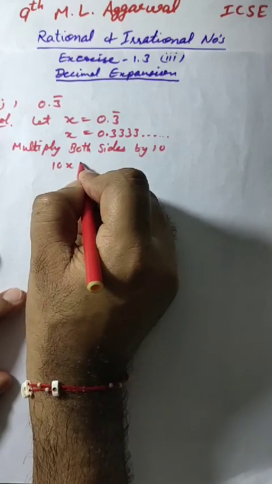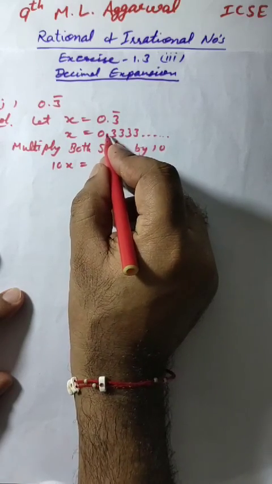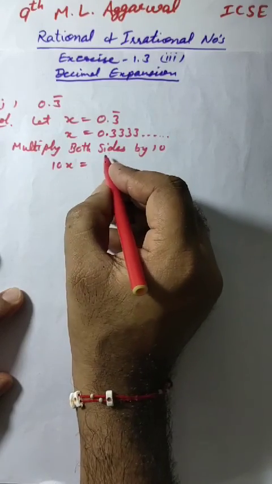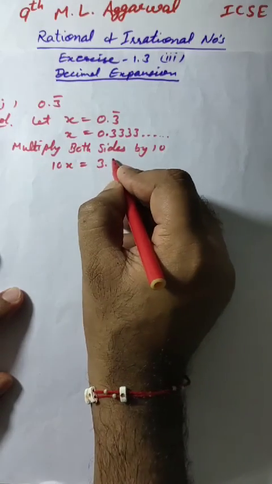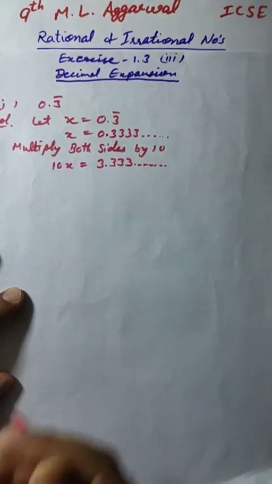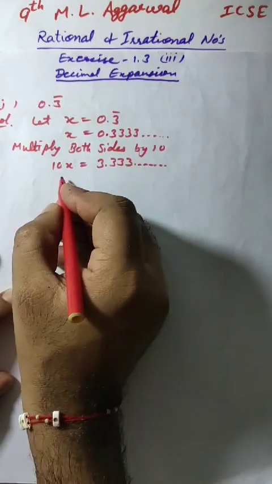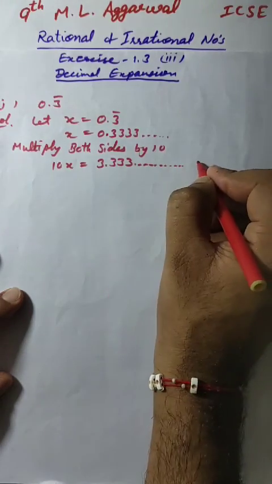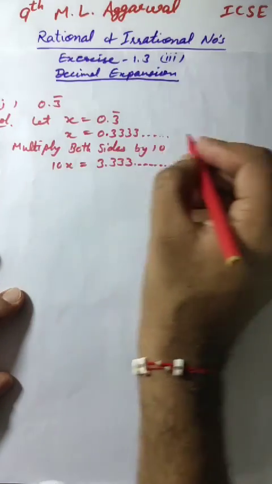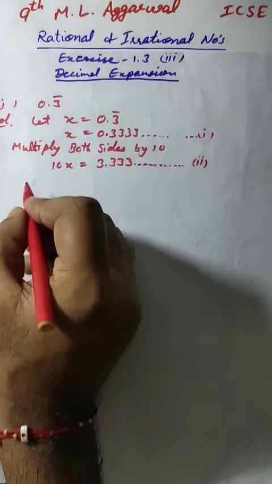We get 10x equals, as we multiply this decimal number by 10, we'll shift the decimal one digit towards the right. We'll get 3.333, because there are infinite digits. We will denote it as equation number 2, and this is equation number 1.